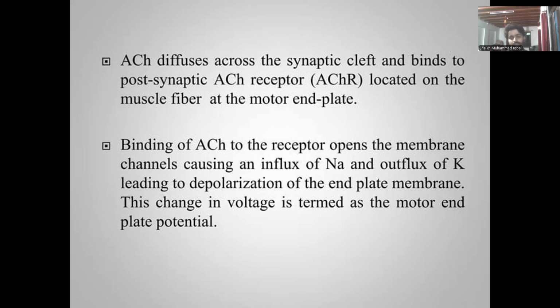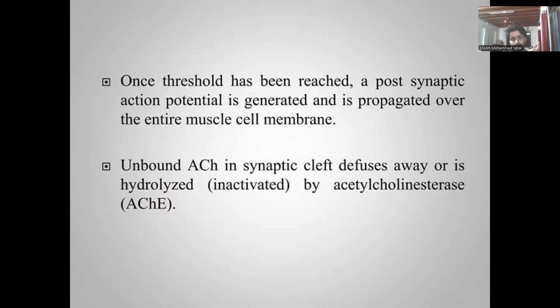This change in voltage is termed the motor end plate potential. So the motor end plate will come at a different potential. Once the threshold potential is reached, the postsynaptic action potential is generated, and that postsynaptic action potential is propagated over the entire cell membrane.